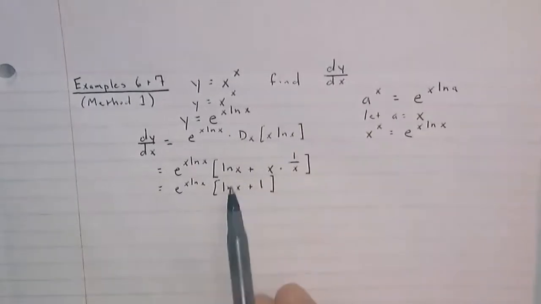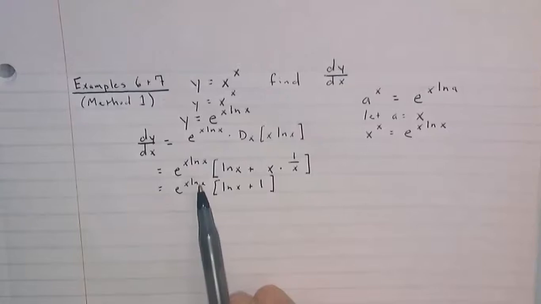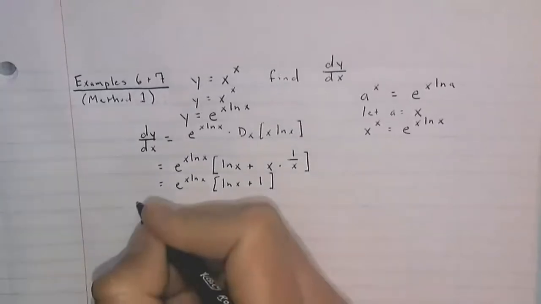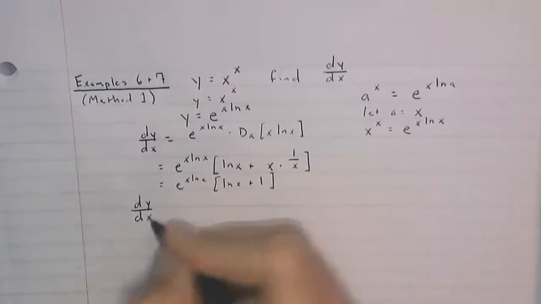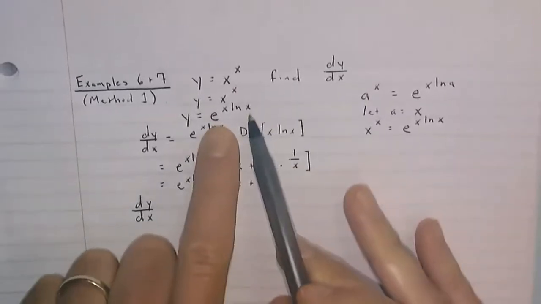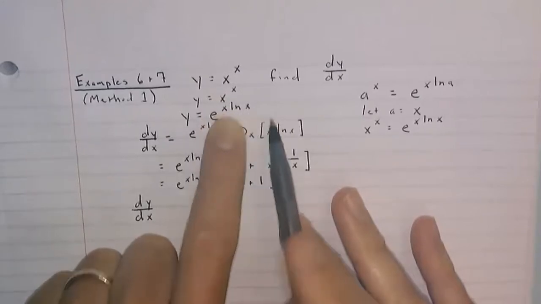But then in a real nice twist, e raised to the x times the ln of x was our starting function. Remember, we did this sub at the very beginning and said that x to the x is the same as e to the x ln of x.